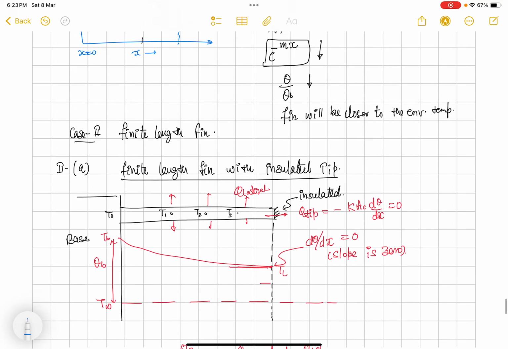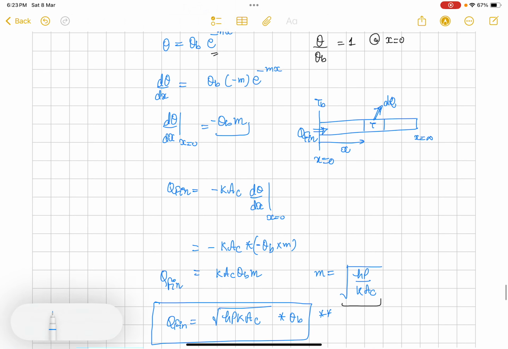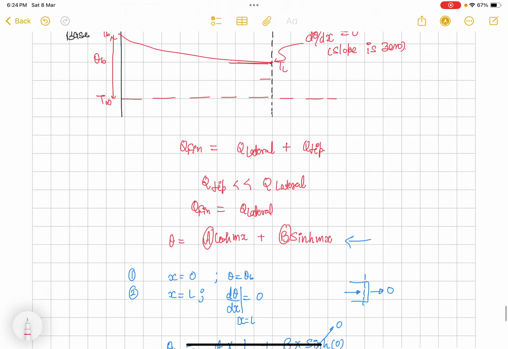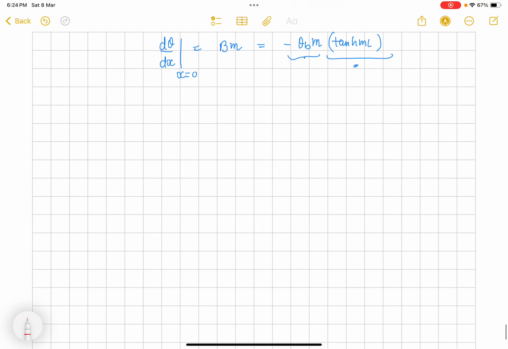If you see back, see here. Alright, so these things you should observe while deriving.